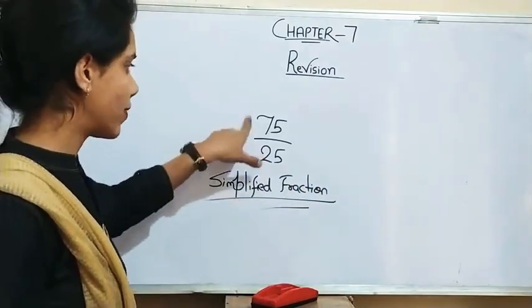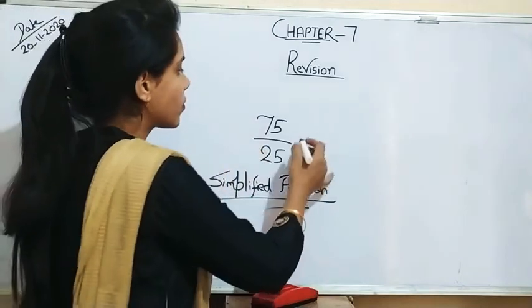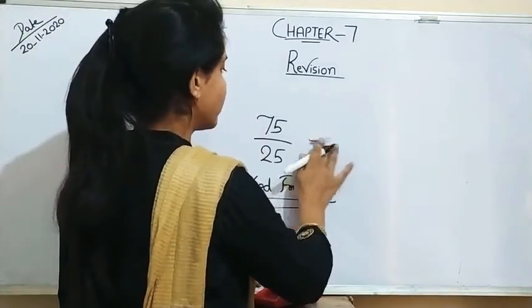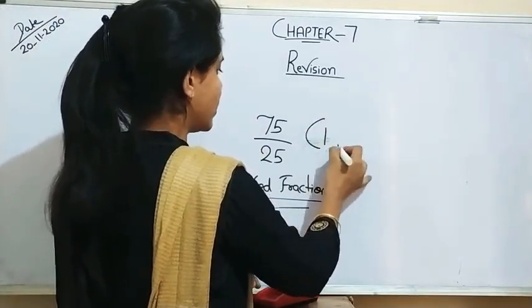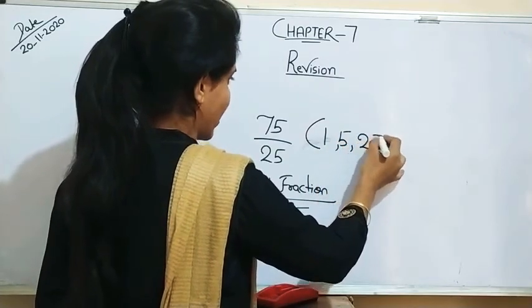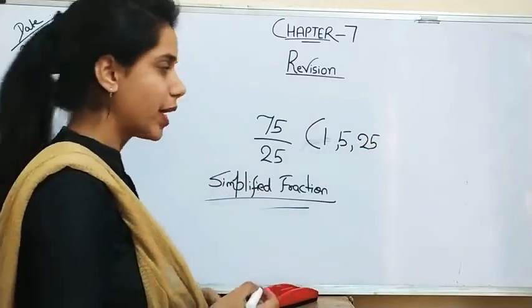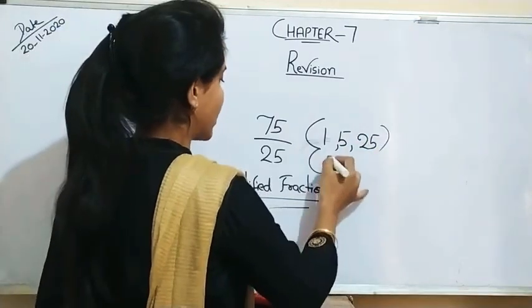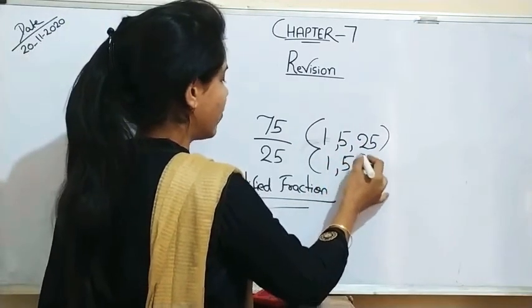But you can observe that the factors of 75 can be 1, 5, 25 in this way. Okay, and the factors of this 25 are 1, 5 and 25.